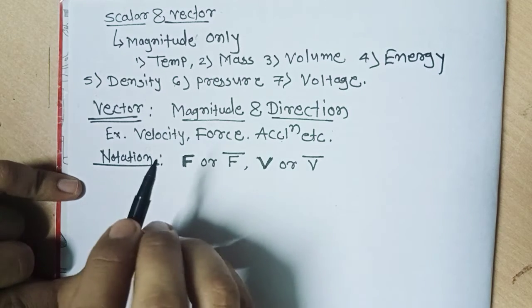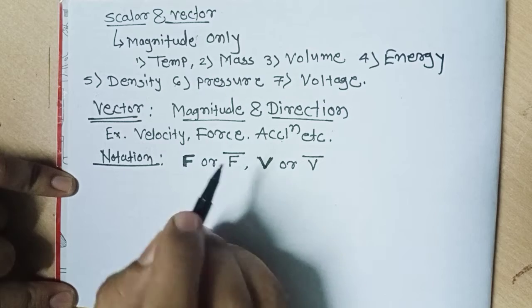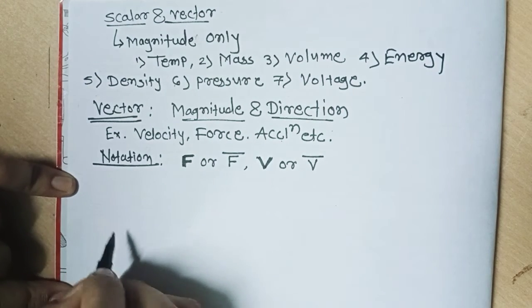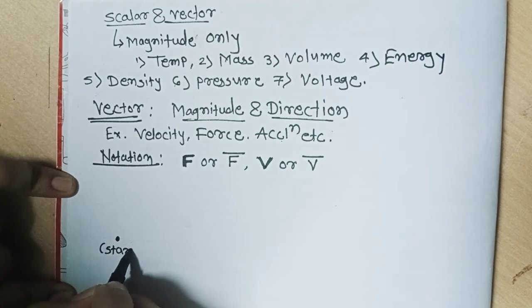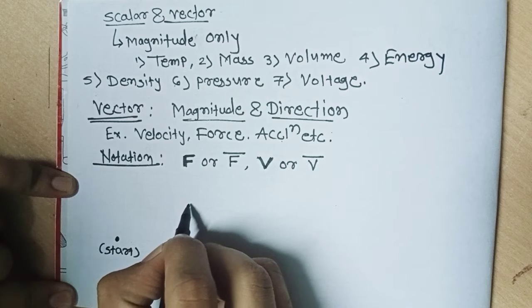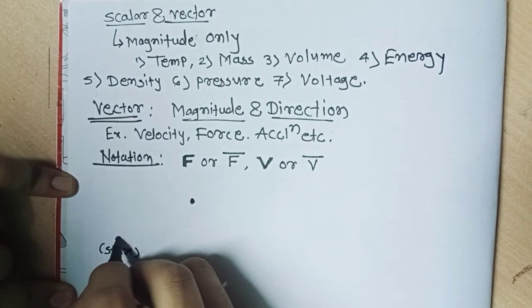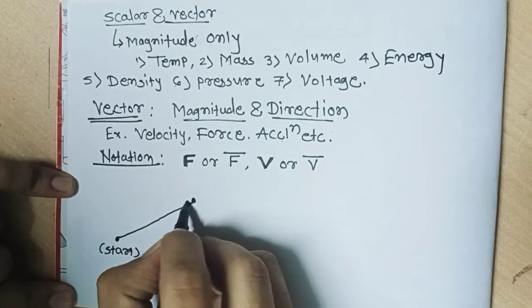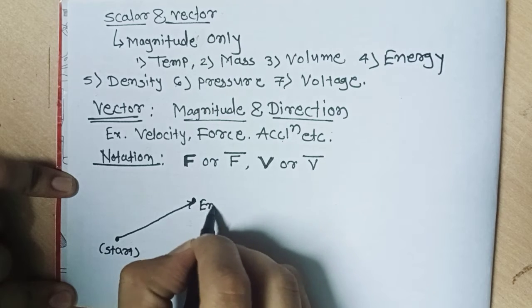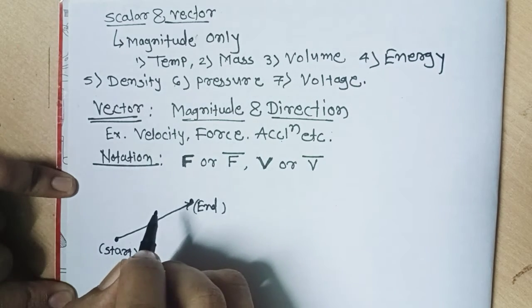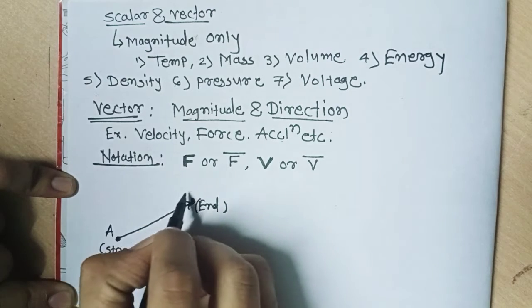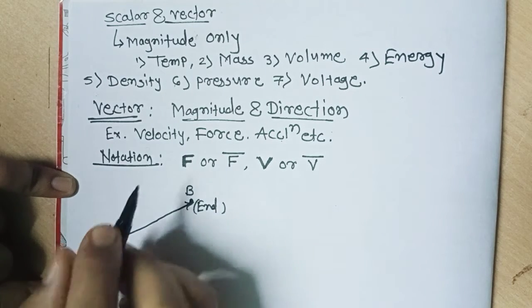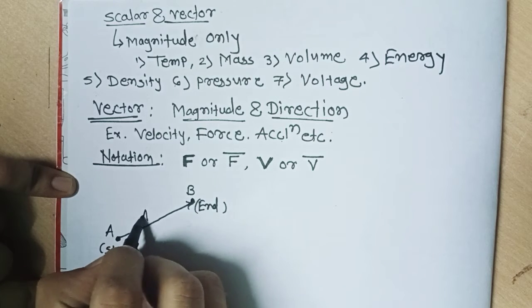Now let us see how vectors are to be drawn. You may have one point where the vector starts. This is the start of the vector, and you have another point where the vector ends. This is the end of the vector. Suppose this point is point A and this one is point B. In that case, we will call this vector AB.